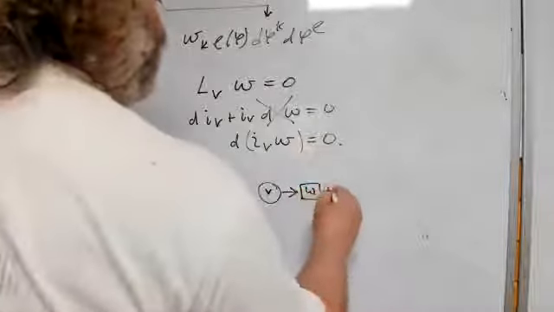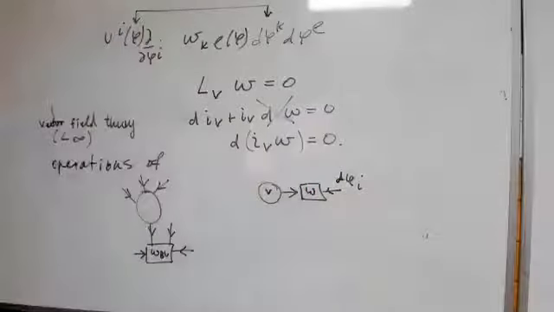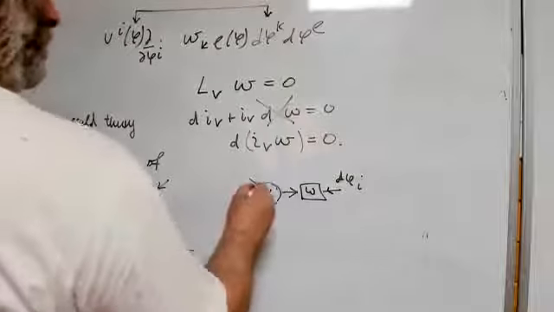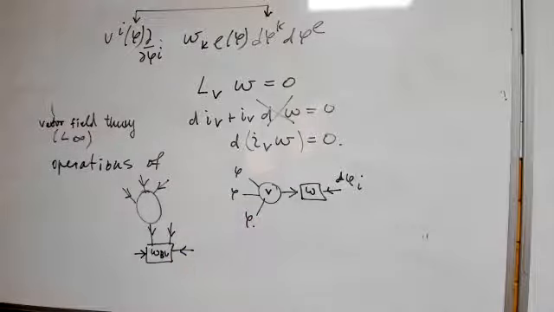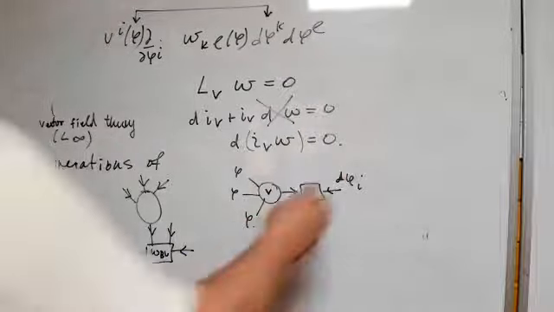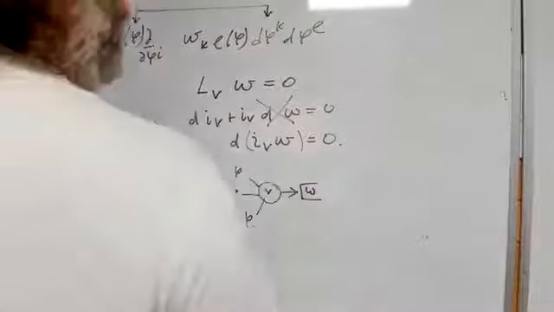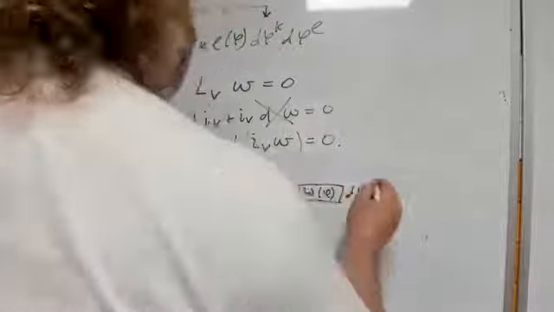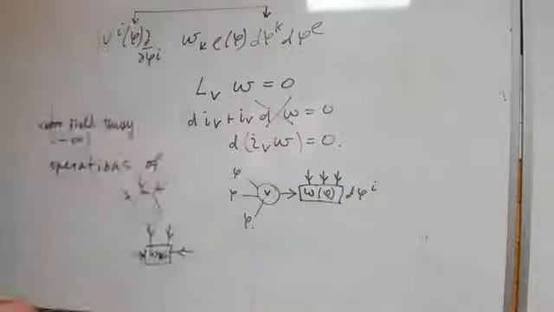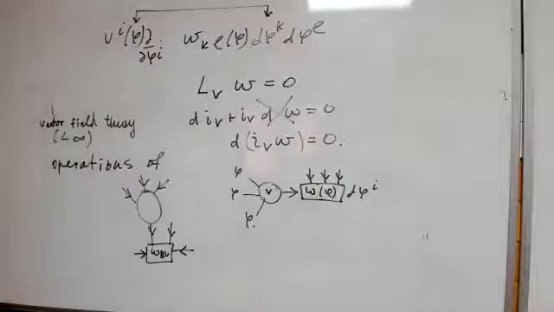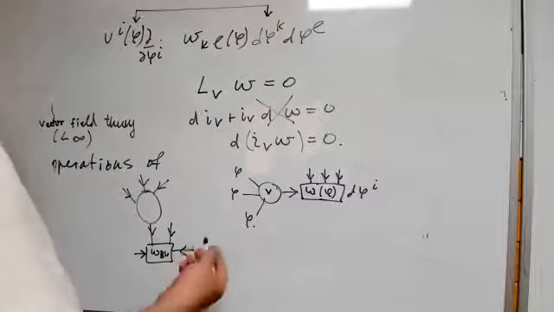It has this d phi i input, and this has phi input. So omega is a function of phi, and d phi i. Now we are taking d.